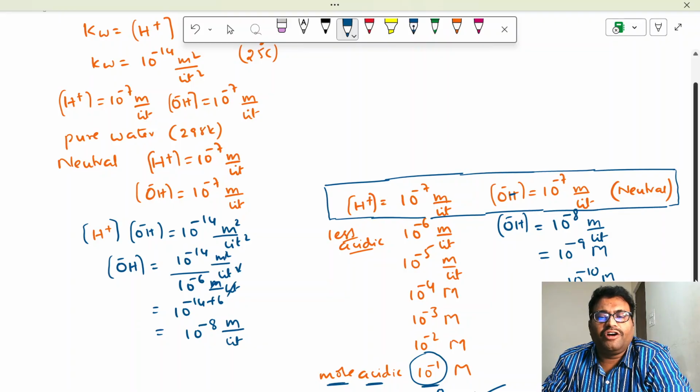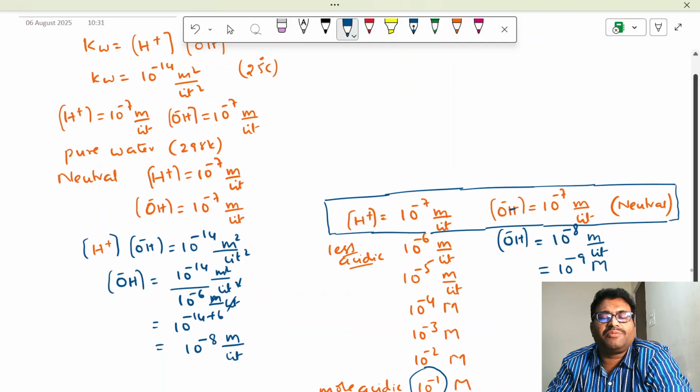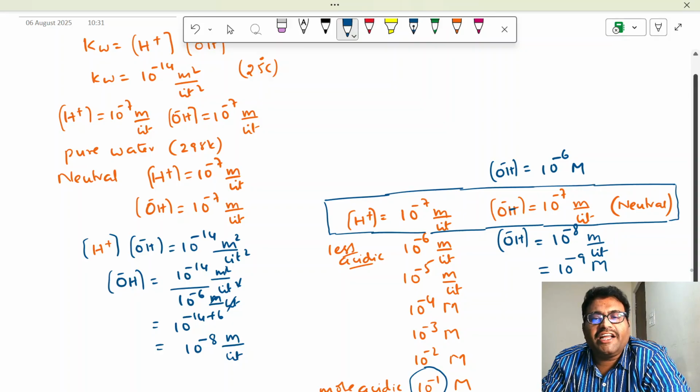If you go with the similar OH minus ion, see, I am mentioning it as 10 power minus 6 molar. See, OH minus ion concentration here is more than 10 power minus 7. If more OH is present, then we say that it is more than 10 power minus 7 OH minus ion concentration, which leads to basic nature.